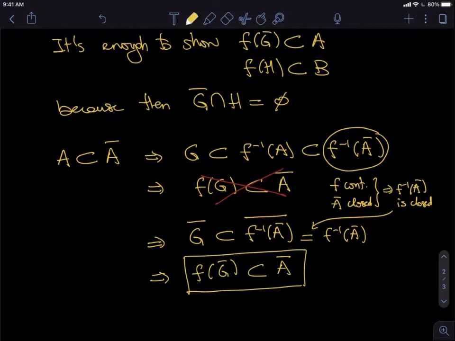Did you see here? The first attempt didn't quite work, but we were not using the continuity for anything yet. But then when we use the continuity, we get the little extra that we needed.